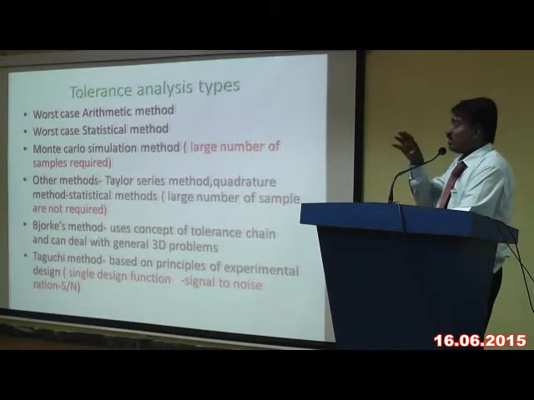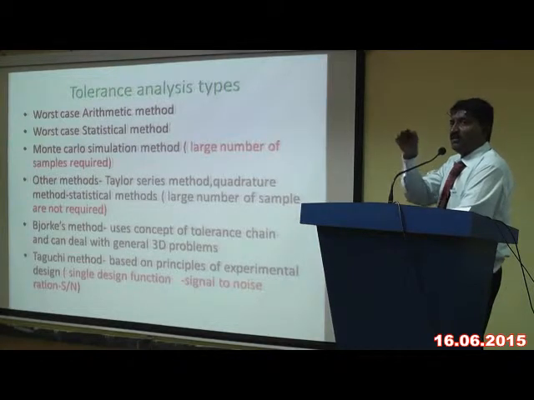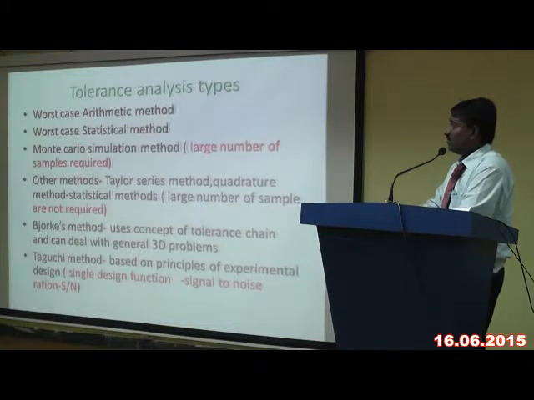If this formula is applied, we will get it for one single cube. We say 1% tolerance is given on each side. So the expansion is very difficult, so we are going for the Monte Carlo simulation method. There are other methods, Taylor series method, quadrature method.